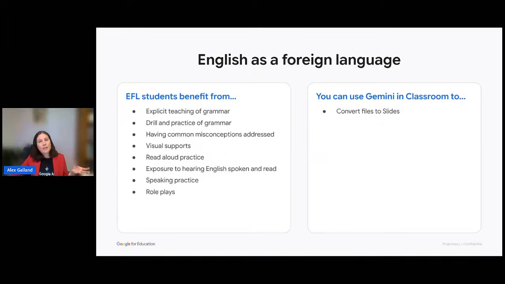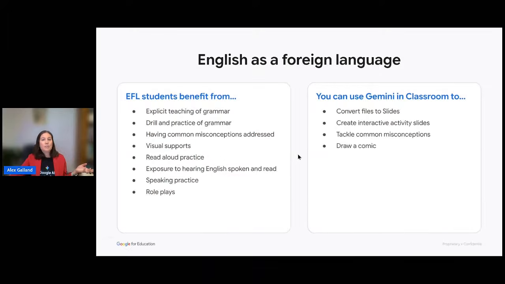We can use Gemini in Classroom to convert all those grammar files that you have into slides and to make them interactive, to make it come alive. And we can use Gemini in Classroom to help us with our teaching by giving some strategies to address common misconceptions. We know that EFL students really benefit from visual supports.